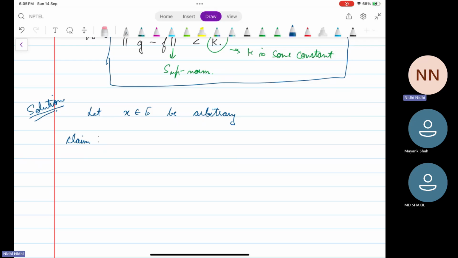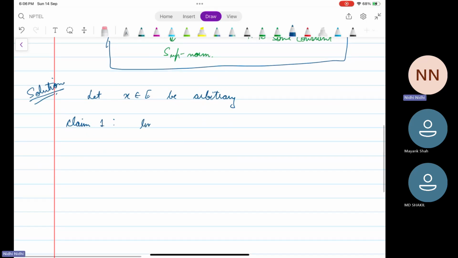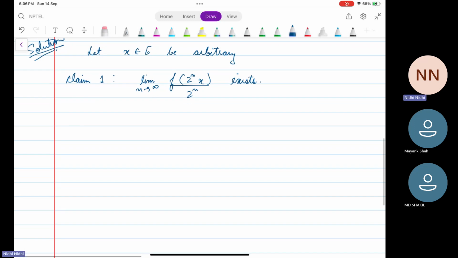That means, claim 1: the limit as n tends to infinity of f(2^n x) upon 2^n is a convergent sequence. Let a_n be equal to f(2^n x) upon 2^n. Obviously, this is a sequence in F.